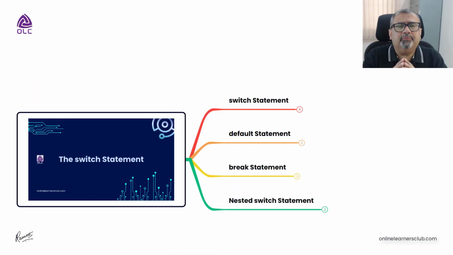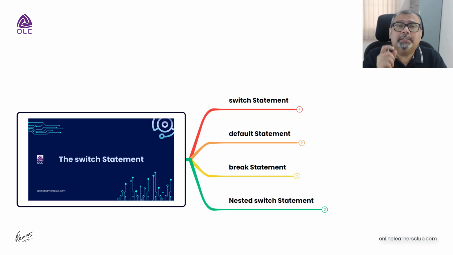The if statement that we discussed in the previous chapter requires an expression which must be of type Boolean, which gives a true or false condition, for which we can use if, else or if else ladder. If you have various conditions like that, then the if else statement can become very lengthy.